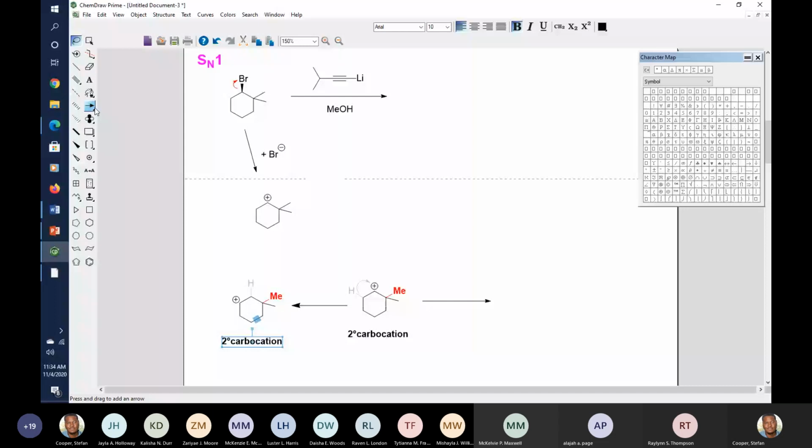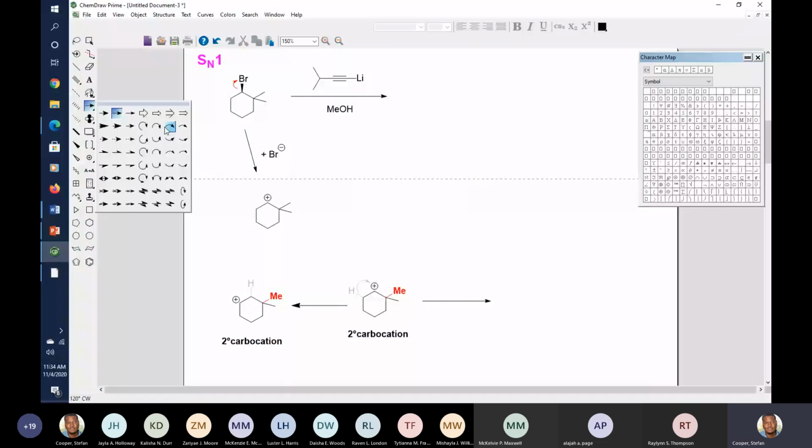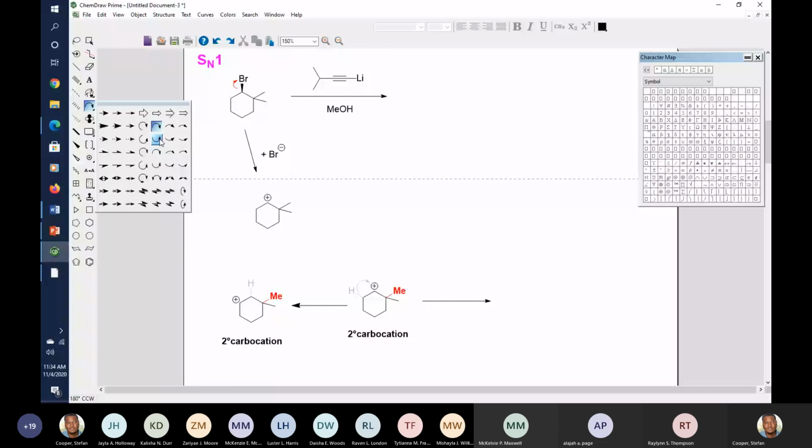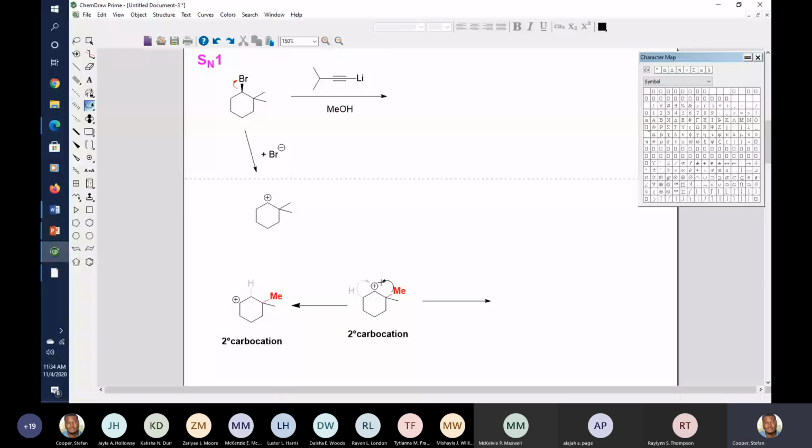All right. Now we're learning that not only can hydrides move, but also methyl groups. So what happens when I do the methyl shift here? Methyl means the methyl group with its 2 electrons, right?